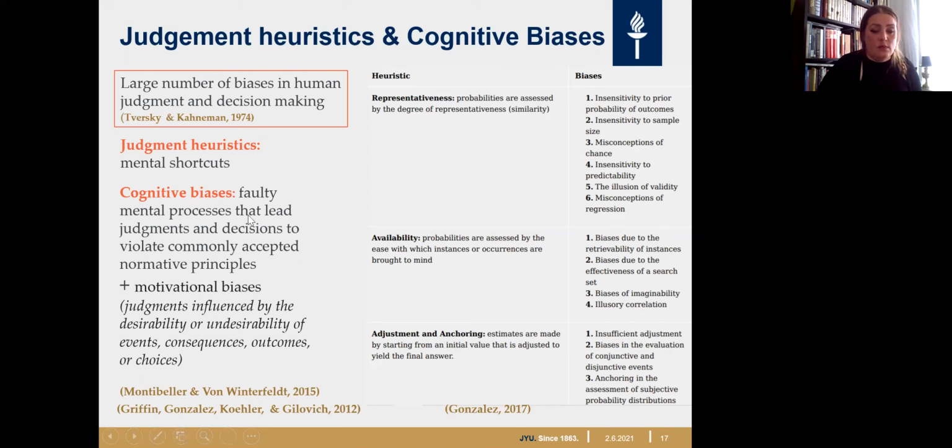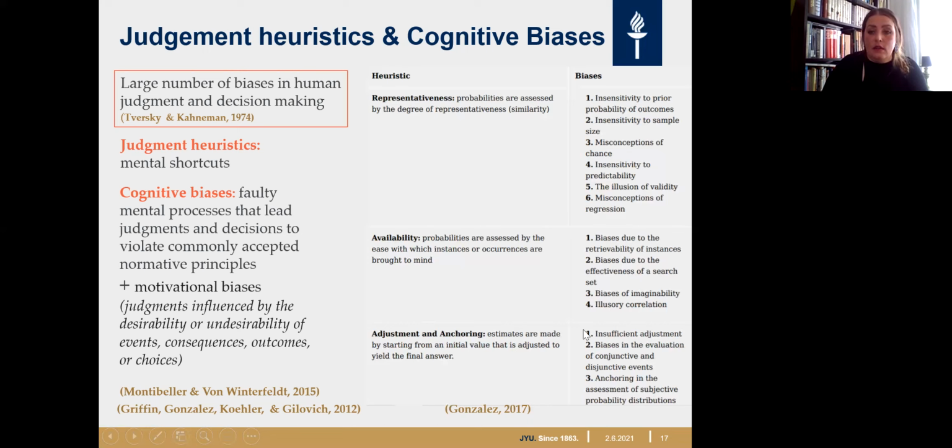Cognitive biases are faulty mental processes that lead judgments and decisions to violate commonly accepted normative principles. And also a subcategory of cognitive biases are motivational biases, where judgments are influenced by the desirability or undesirability of events, consequences, outcomes, or choices. And motivational biases have more recently gained attention in the JDM research community.